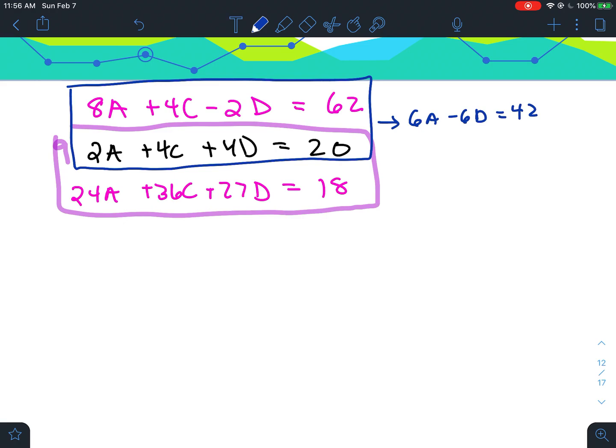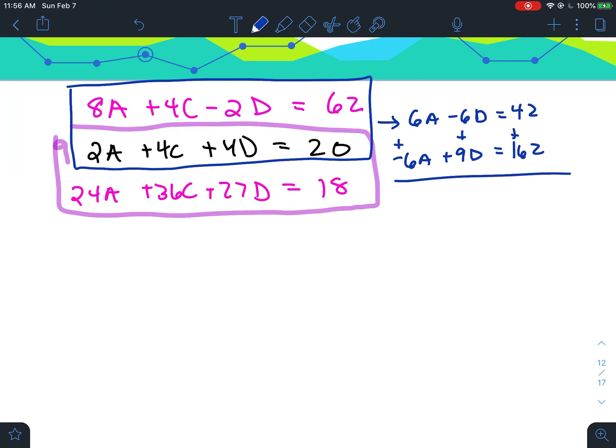And so I would get 18a minus 24a, I would get negative 6a. I would get 36 minus 36 is 0. And I'd get 36 minus 27 is 9. So positive 9d equals 180 minus 18 would be 162.